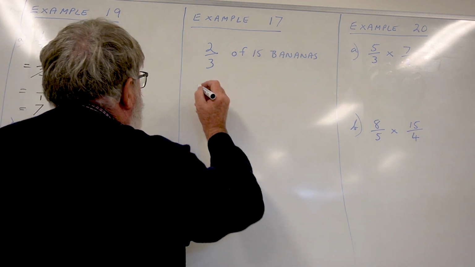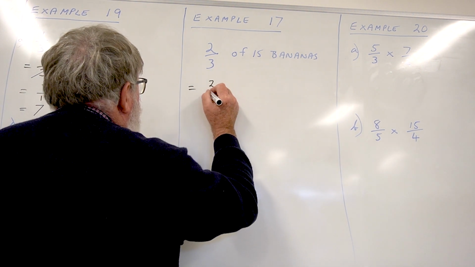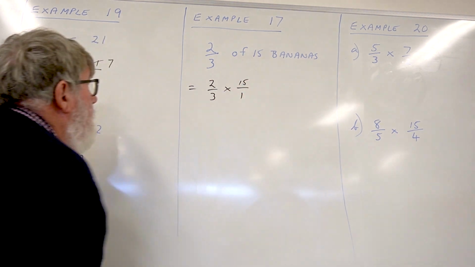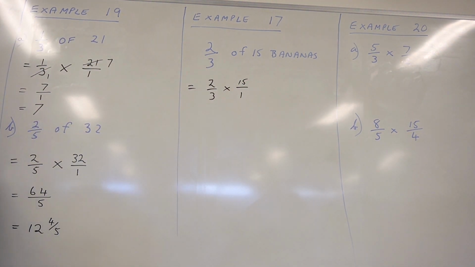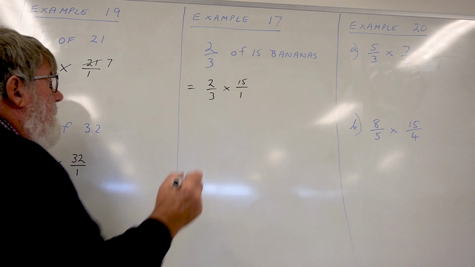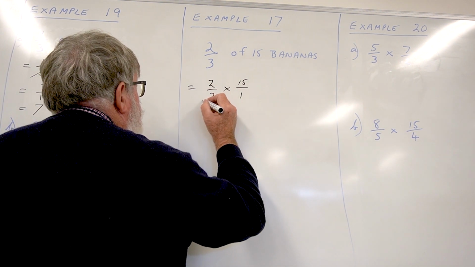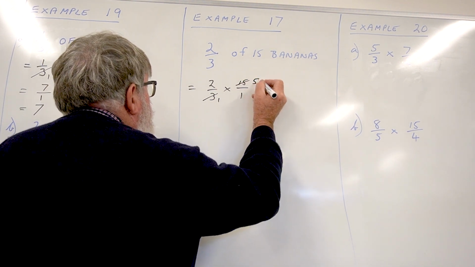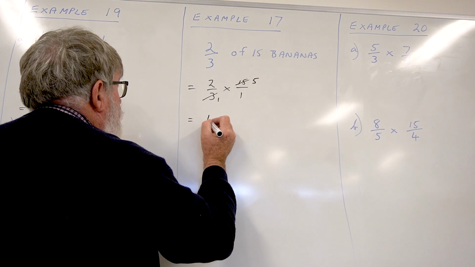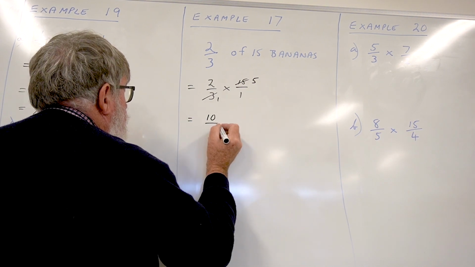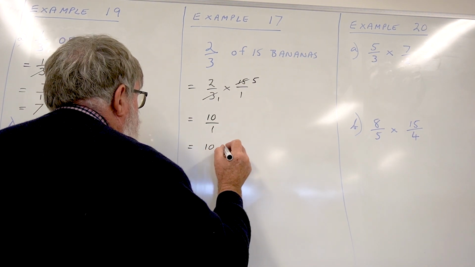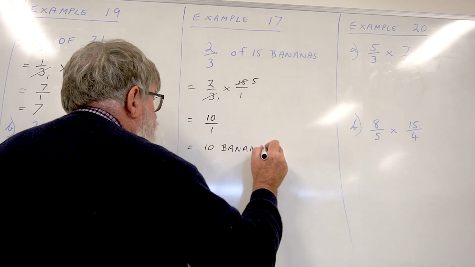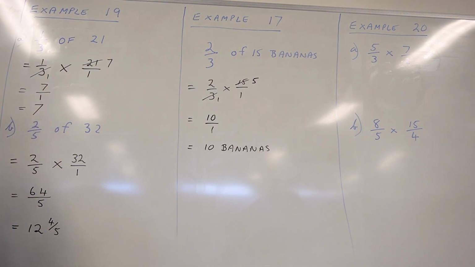But we can actually do it the same as I did before with the previous examples. 2/3 of is times, 15 is 15 over 1, cancelling. How many 3's in 3? How many 3's in 15? 2 times 5 is 10, 1 times 1 is 1, so I finish up with 10 bananas.